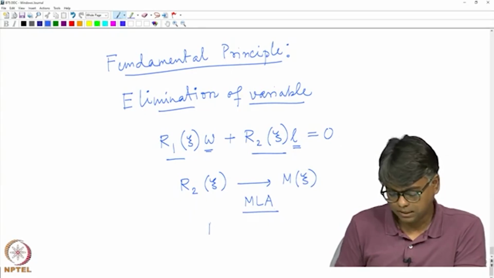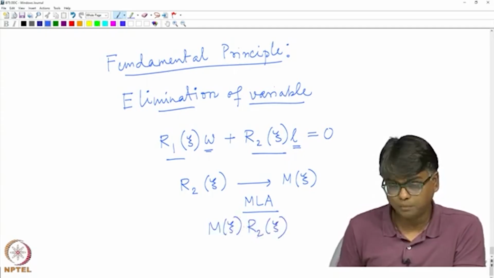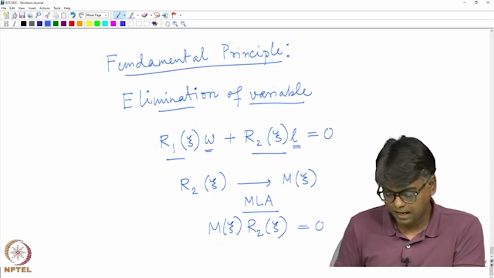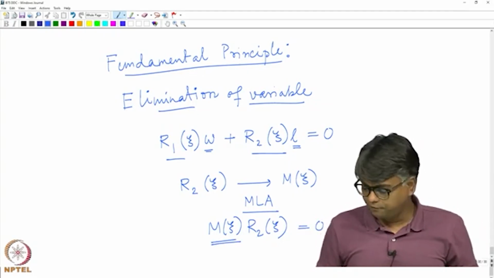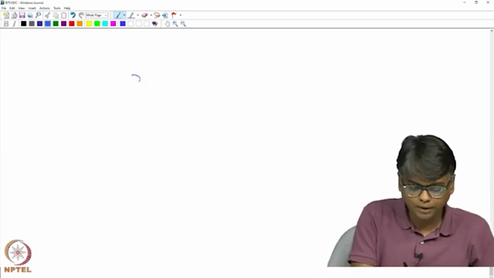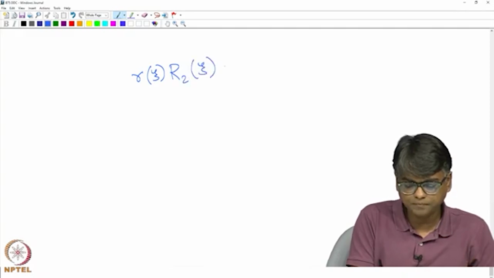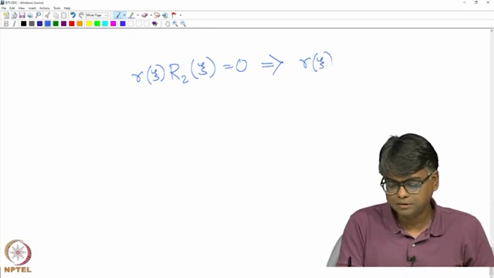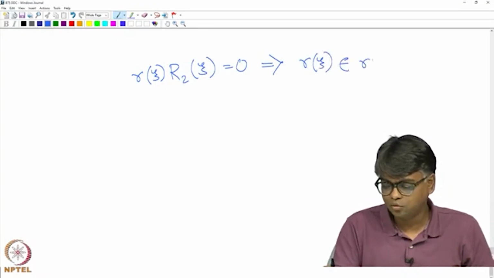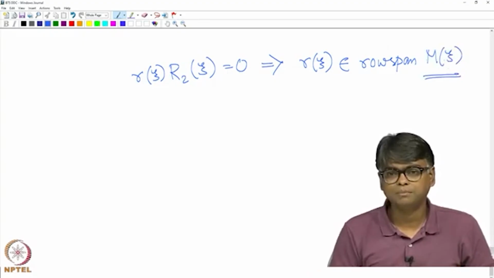This is such that when you do this multiplication of two polynomial matrices you get 0, and this M also has the added property that every row vector of proper size which satisfies this condition must be in the row span of this matrix M. Then we call this M the maximal left annihilator.